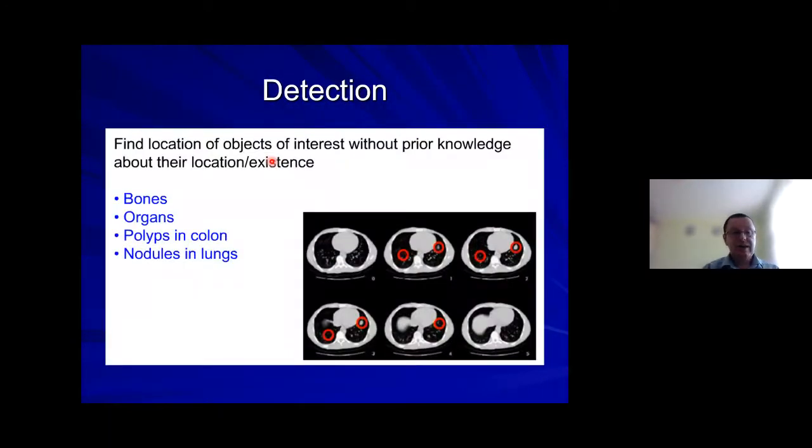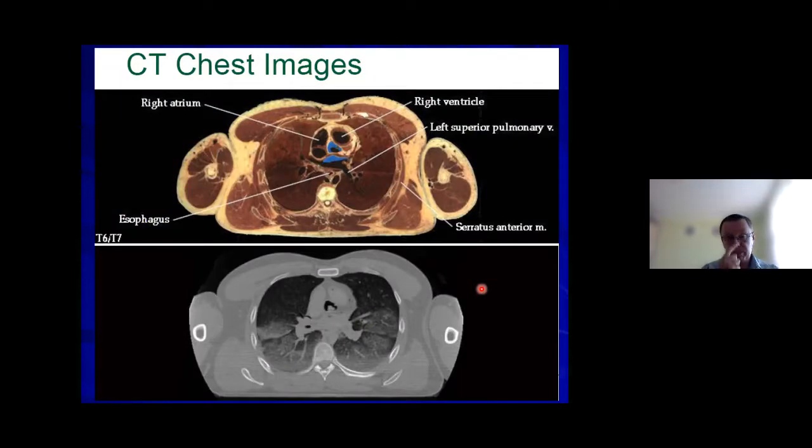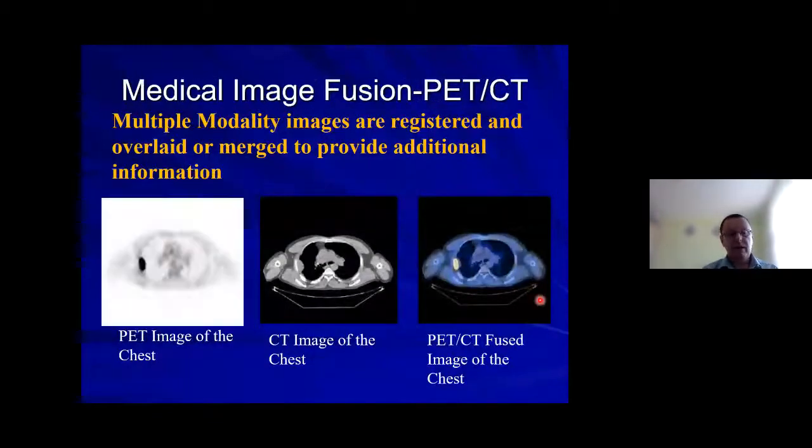Okay, in a similar way, detection: we are looking for the location of an object of interest without prior knowledge about its location or existence. In this case, we are looking for maybe a pathological inclusion or some object. Here is an example of identification of an object which should not be in a particular position, or it could also be used in some kind of automatic education and studying, identification of known objects. This method is very useful when we compose a synthetic image from multiple sources, like combining CT and PET images, and then it is possible to identify some inclusion.